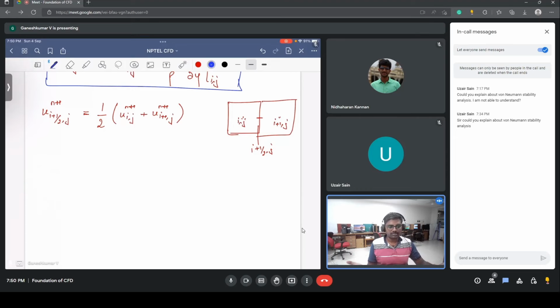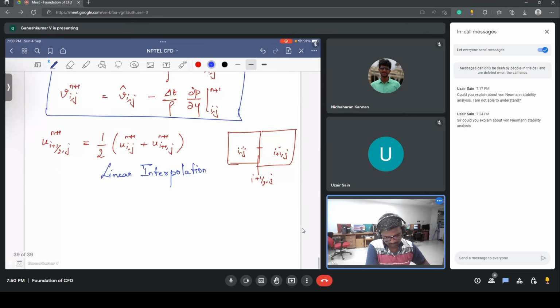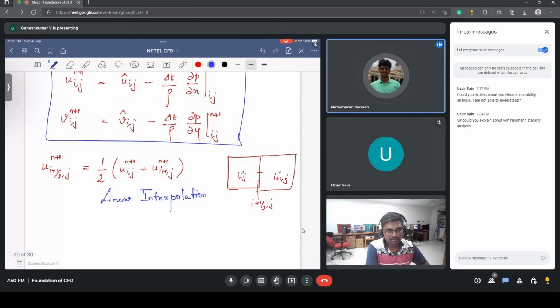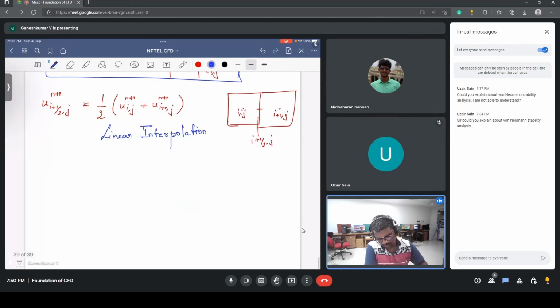I can write like this, right? This is called linear interpolation. Does this make sense? Yes. So this is where the pressure velocity split starts happening.